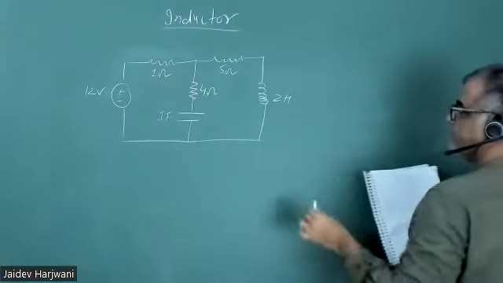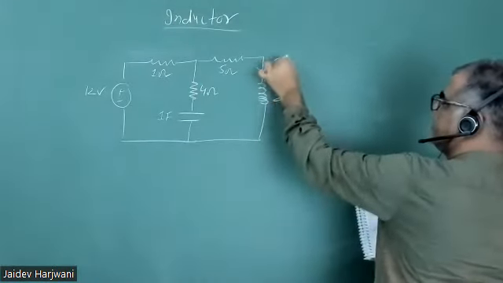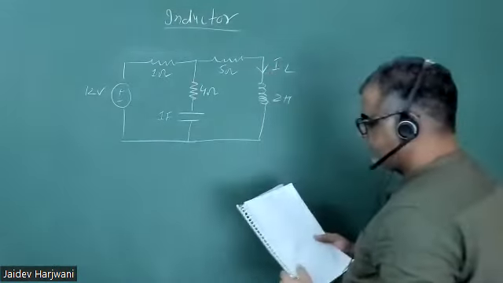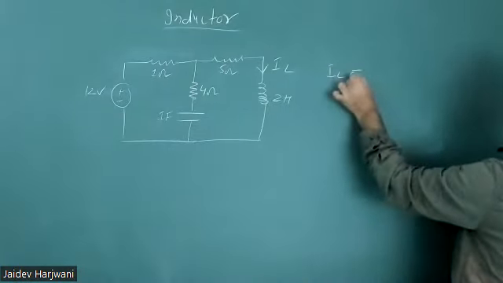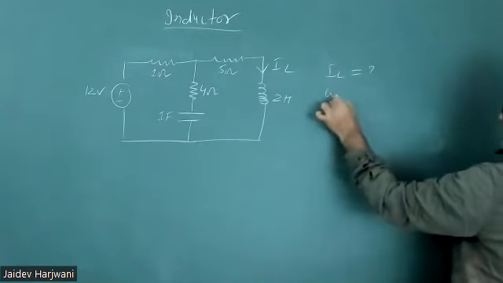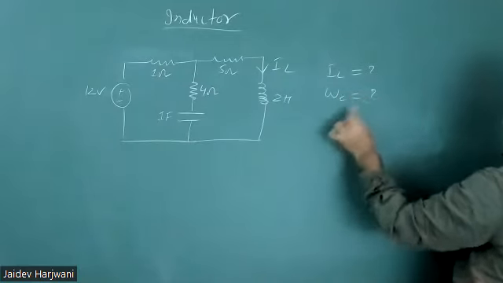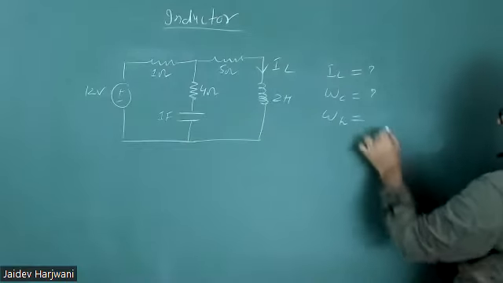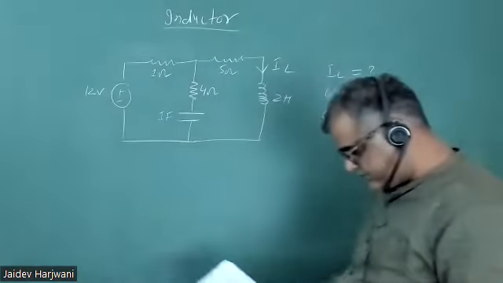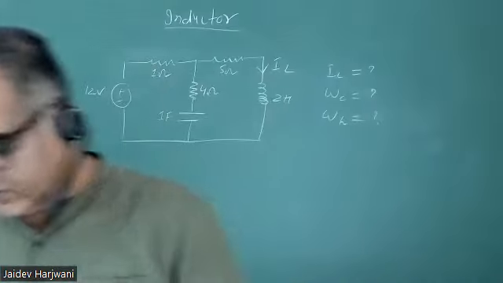Okay. Now you need to find the IL flowing through the inductor. You need to find the energy across the capacitor. You want to find the energy stored in the inductor. Okay. So how can we solve this one?